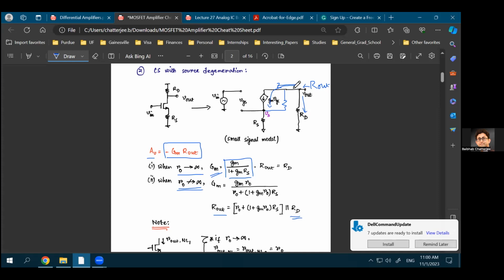But then there is also a resistance looking into this terminal, or looking into the drain of the transistor. If that resistance is infinitely large, then you just see an infinite resistance at this point. So whatever is in parallel with RD, that is infinite if Rho tends to infinity. And that's why in this case, we said that Rout is equal to RD, because infinity in parallel with RD will be equal to RD.